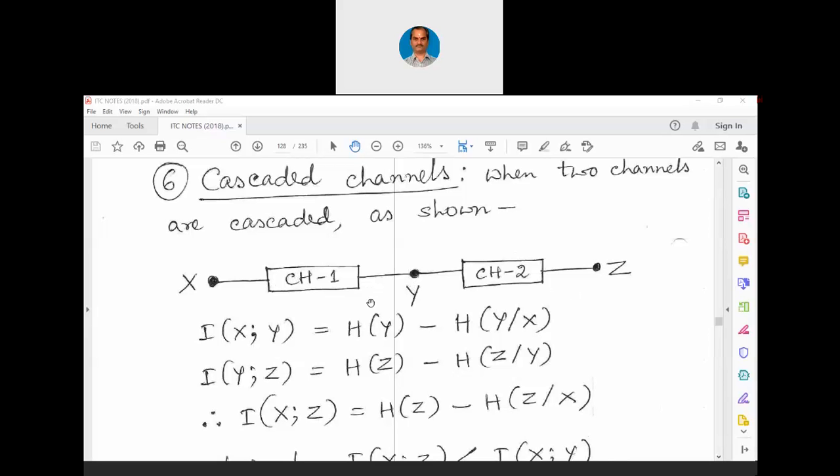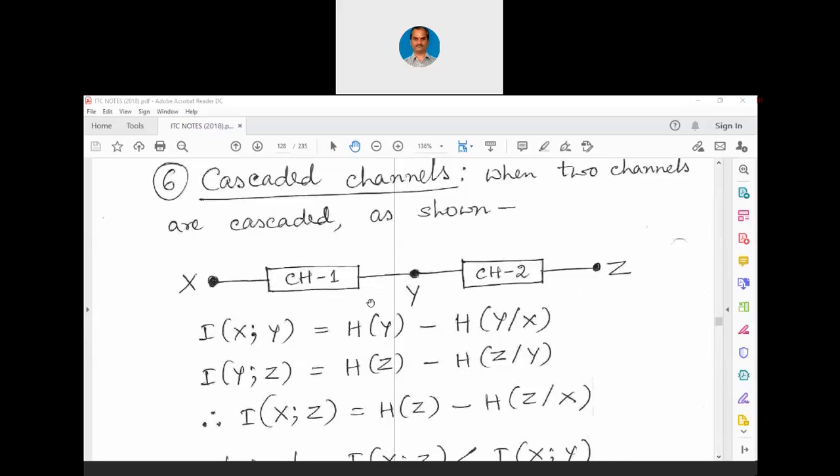Now I am the source, you are the destination. In between us, we have many intelligent communication machines now. They are processing data also, they are transmitting data also, they are storing data to some extent. So now we can say that in between you and me, the cascaded channels are existing.